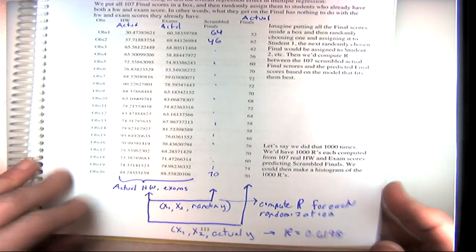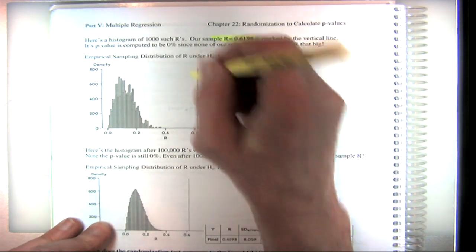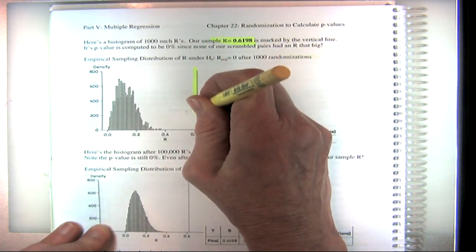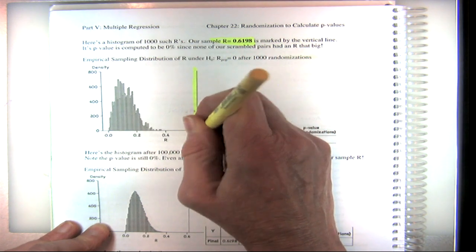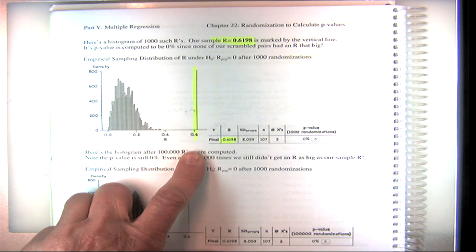And then we make the histogram, and it's the same thing. Okay? So that's the re-randomization test. Let's just look at this again. So this right here is our observed R.